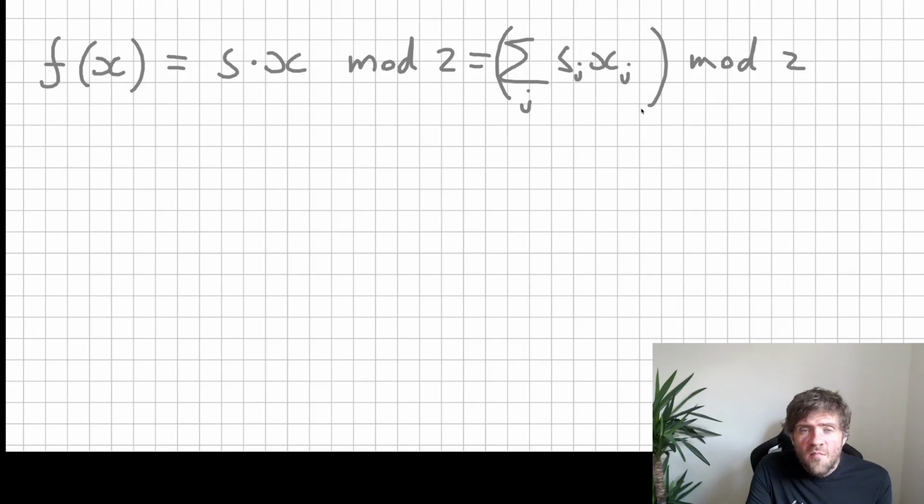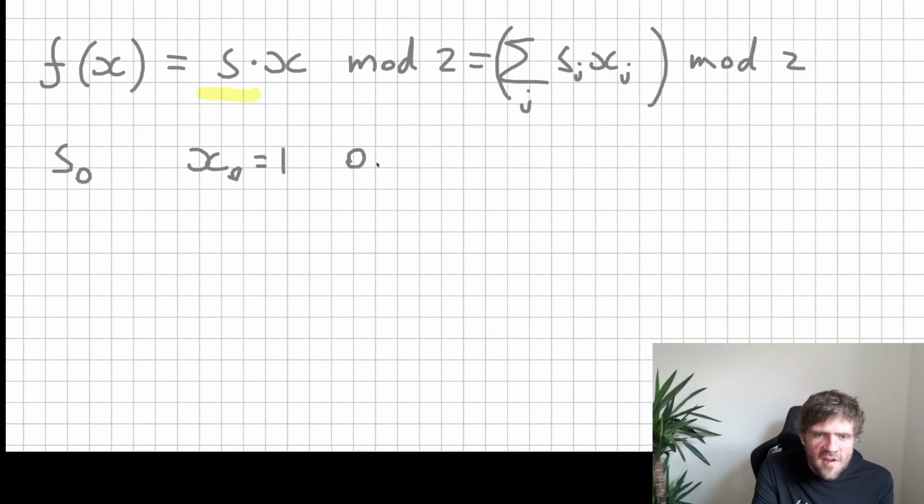So in this problem we are given presumably a compiled form of this function, and we are asked to look at its behavior and from that deduce the string s, which is this constant which defines the function. So how do we do that? Well, classically we could determine the bit s_0 by taking the x for which x_0 is 1 and all of the other values of x are 0.